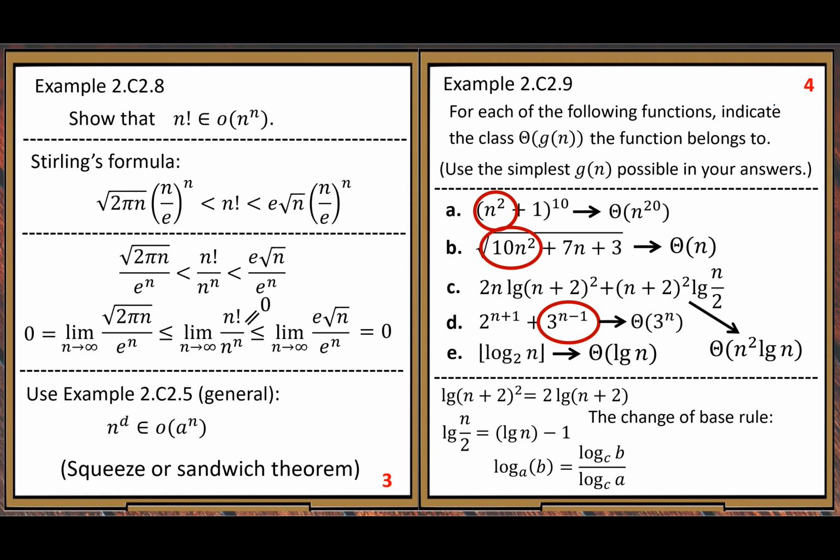The reason I talk about this change of base is that in that way you do not need to worry about which base to use when we select the g function. Any base is pretty much similar. So you don't worry about the base number because we have this change of base rule. That's the reason I bring it here.